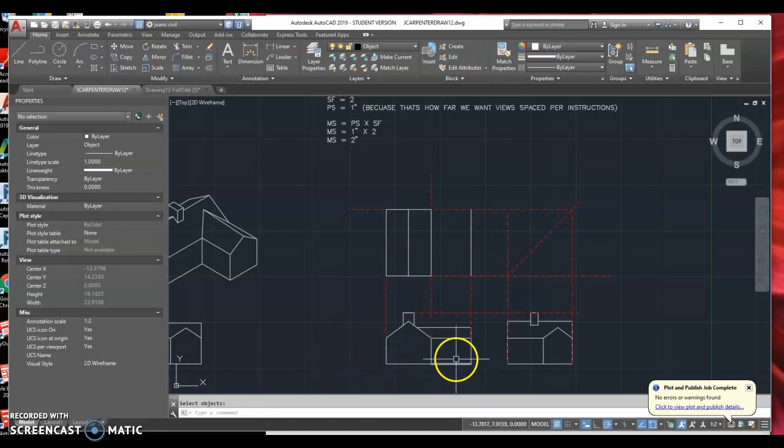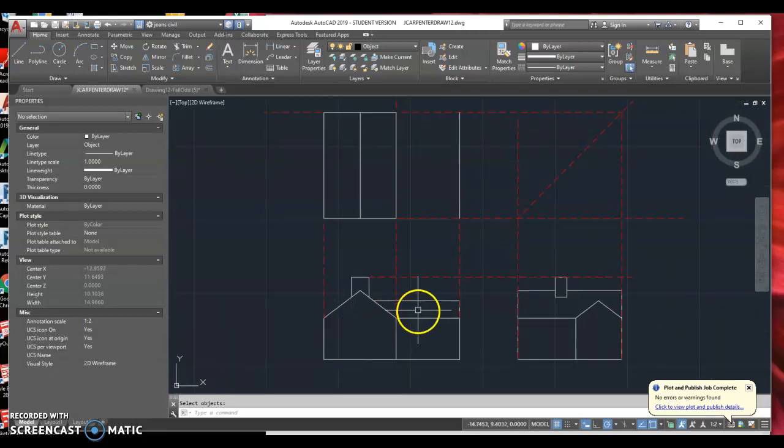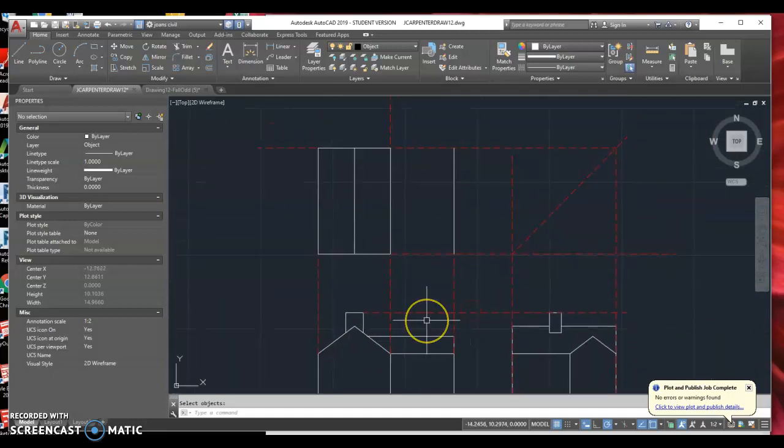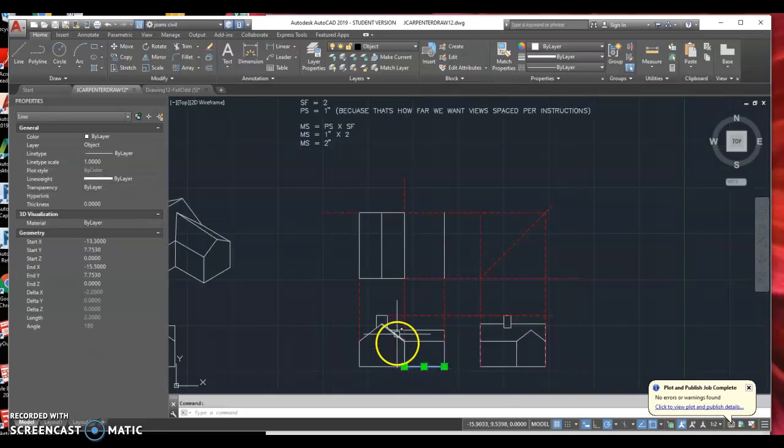This drawing gets a little bit busy, so I don't want to have too many projectors on at one time. So now we know that this wing of the building starts here and ends there, right? And we know how high it is, but we don't have to worry about height in this view. We just have to have the width and the depth.